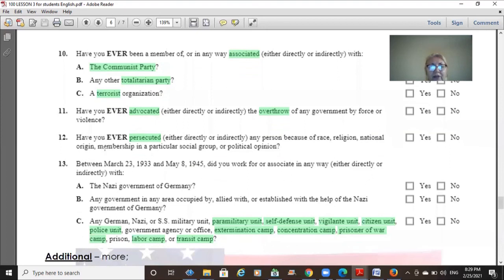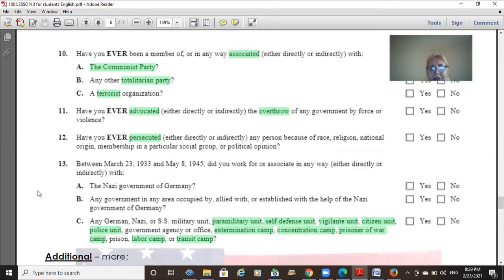Number 12, have you ever persecuted any person because of race, religion, national origin, membership in a particular social group, or political opinion? So the question is asking, have you ever harassed any person because they are of a different race, they have a different religion, they are from a different country, and so on? Yes or no?